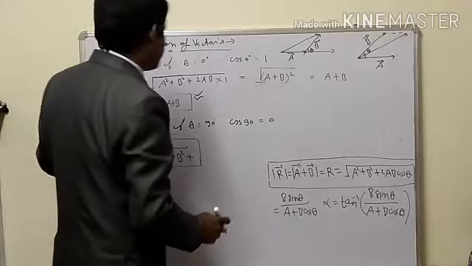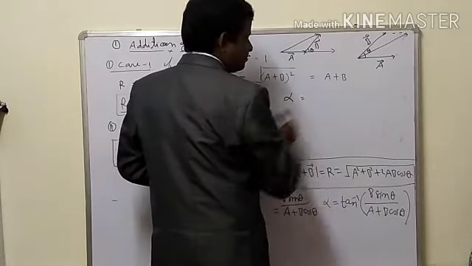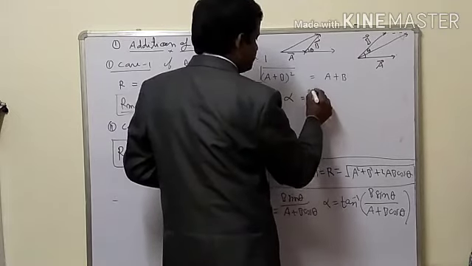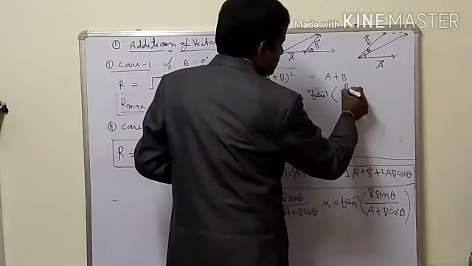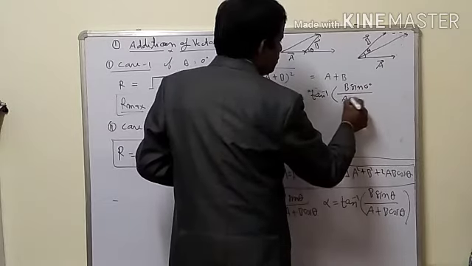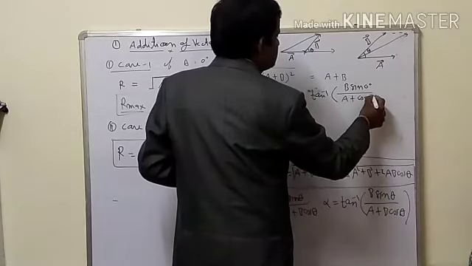In the first case, if you want to find the direction alpha, so alpha will become tan inverse b sine 0 upon a plus b cos 0.